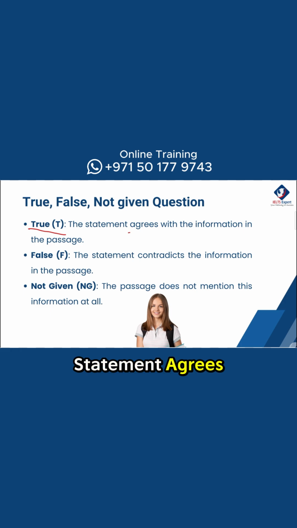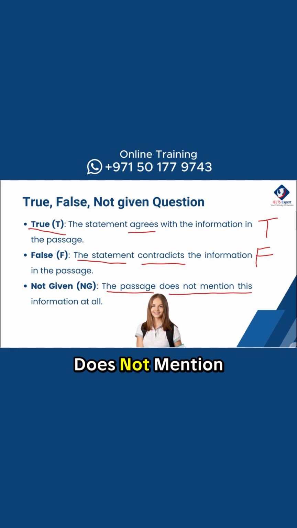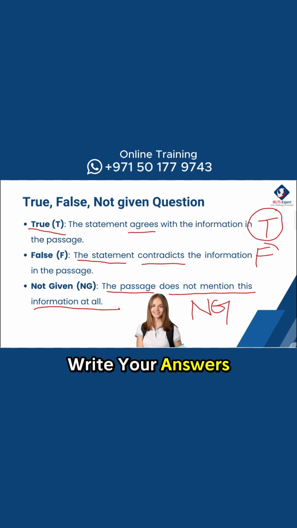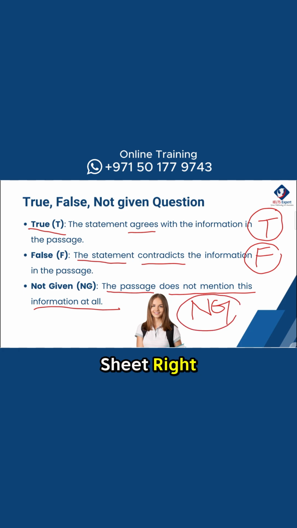If the statement agrees with the information in the passage, you can write T. And if the statement contradicts the information in the passage, you will write F. And if the passage does not mention the information at all, you will write NG, that means not given. So this is how you will write your answers on your answer sheet, right?